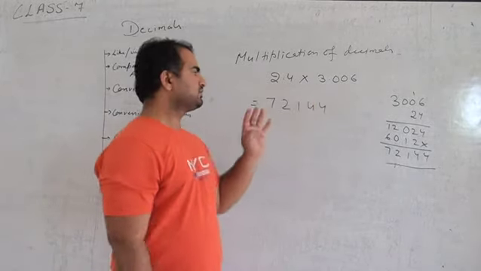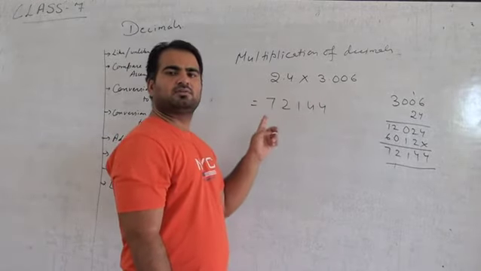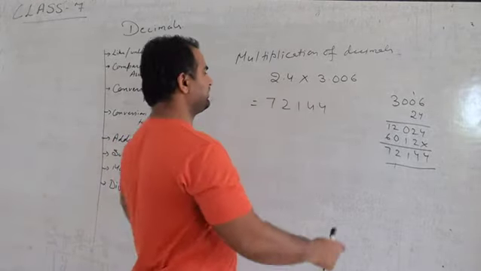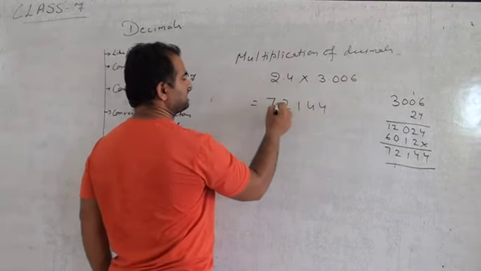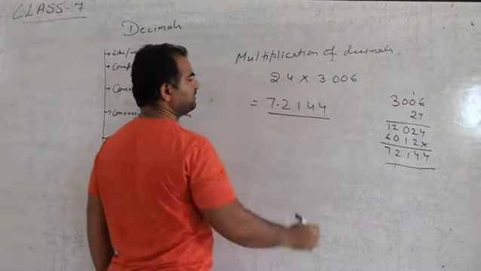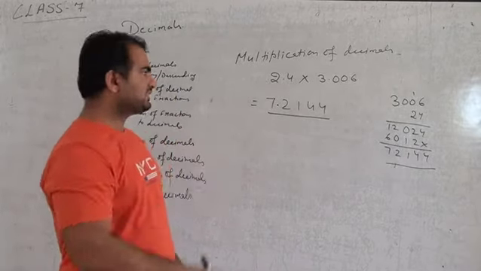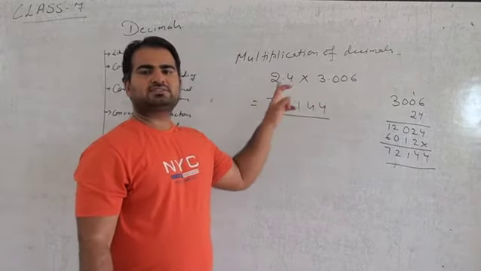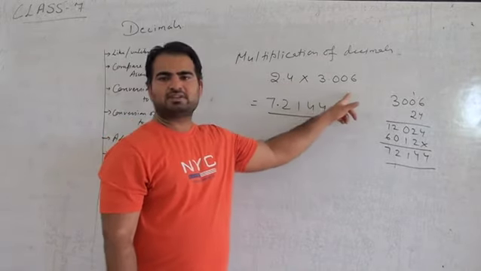Yes or no? So what we have to do is place the decimal by 4 digits. Okay, from the left. 1, 2, 3 and 4. So the answer will be 7.2144. Okay, what you have to do is just count how many digits there are after the decimal. It has 1 digit and it has 3 digits.